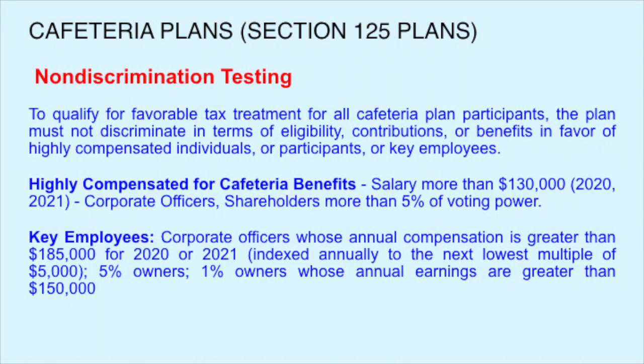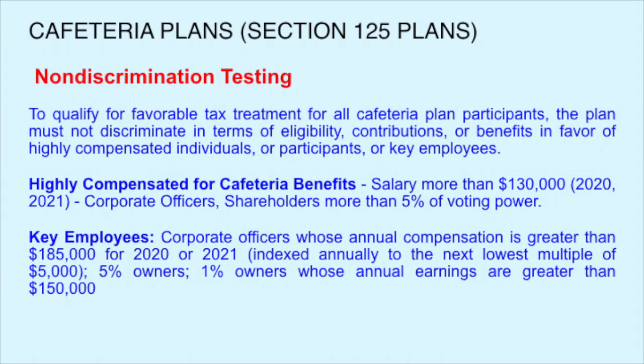To qualify for favorable tax treatment for all cafeteria plan participants, the plan must not discriminate in terms of eligibility, contributions, or benefits in favor of highly compensated individuals or participants or key employees. For benefit purposes, a highly compensated individual includes corporate officers, shareholders owning more than 5% of the voting power or value of the employer's stock, and a highly compensated employee has compensation of more than $130,000 for the years 2020 and 2021.